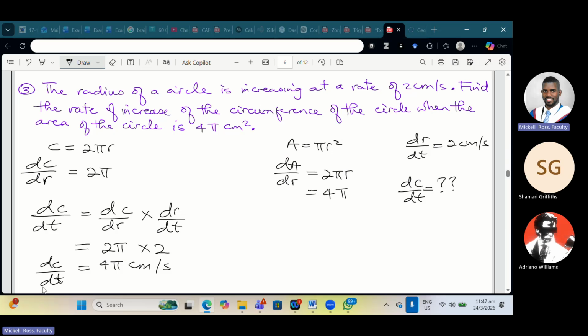Okay. So the change in the circumference with respect to time is going to be equal to 4 pi centimeters per second. So for every second, the circumference is changing at 4 pi centimeters.